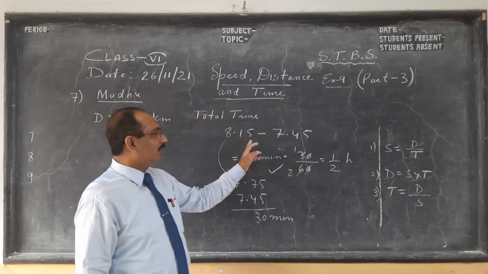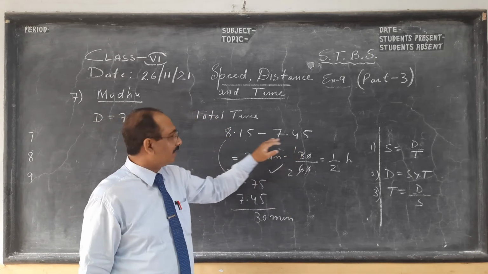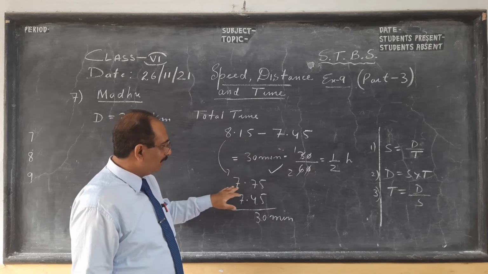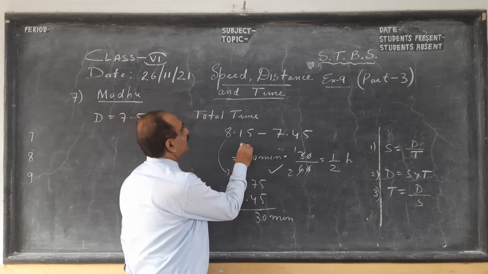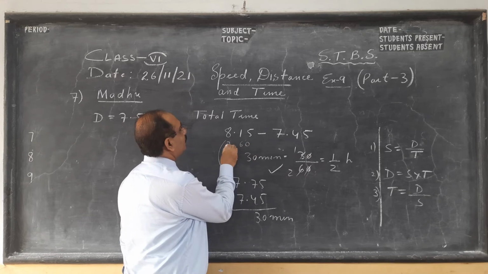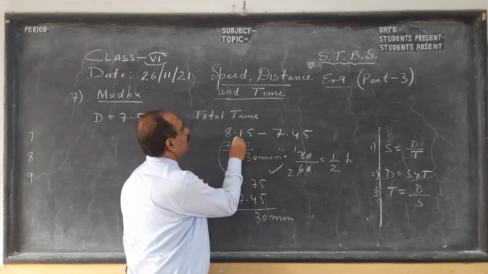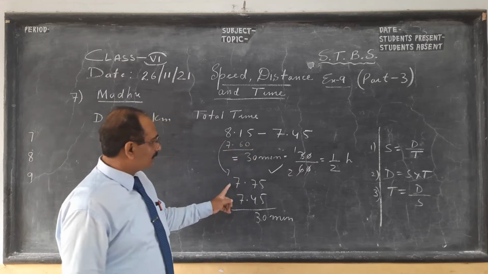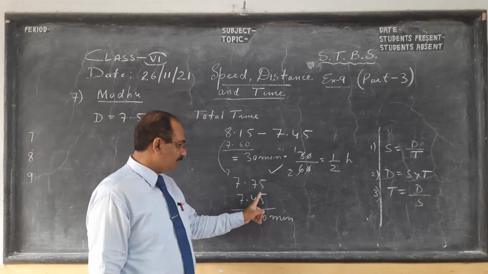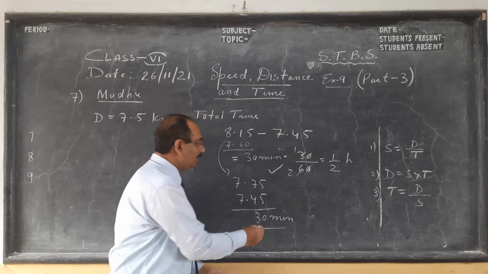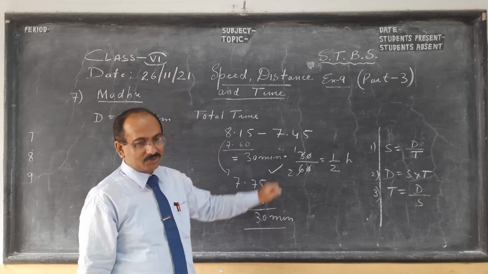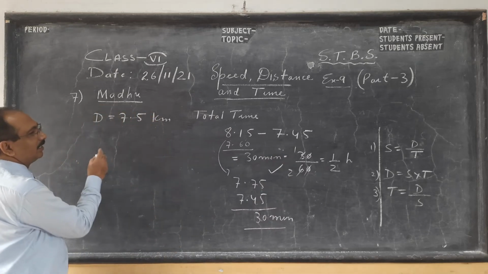You cannot subtract 45 from 15, children, so take 1 hour from here and add 60 to this. So this will be 7, and when you add 60 to this, it is 8, you get 75. If you subtract, you will get 30 minutes, then convert. But the easiest thing is to use your common sense, and it's very easy, children.